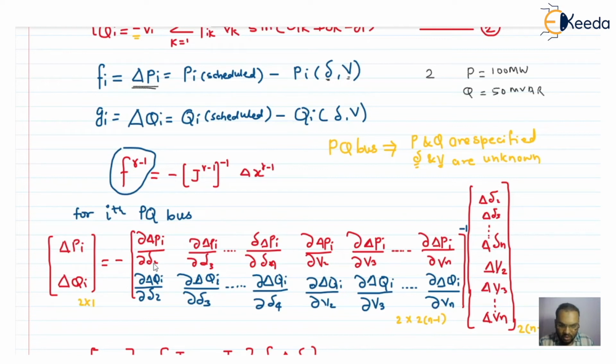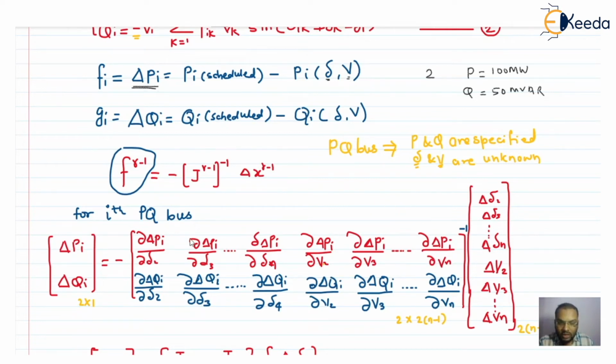So first, we are going from 2 to n. Again, this was for phase angles and this is for voltages. We are going from second to nth bus. So n minus 1 terms will come.